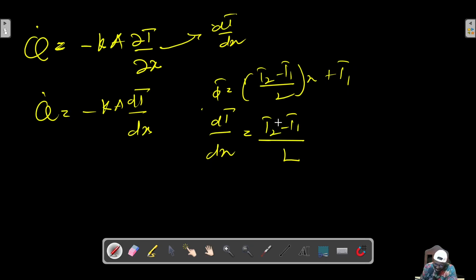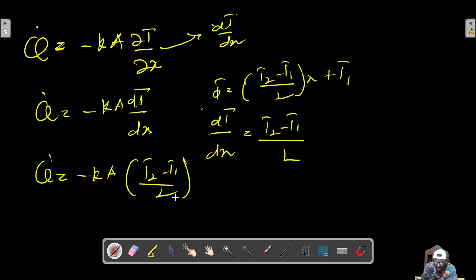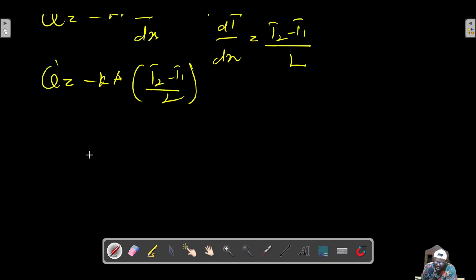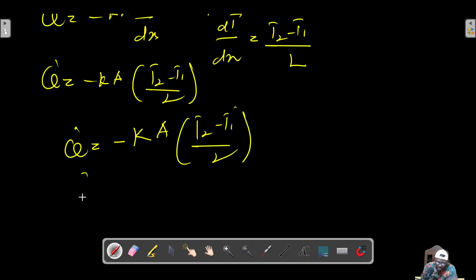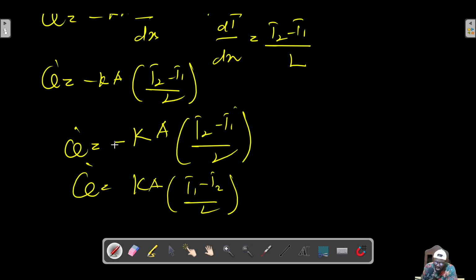So dT dx is the same as that expression, so I can substitute: negative KA times T2 minus T1 all on L. I end up with Q dot is equal to negative KA T2 minus T1 on L. Then I can say my KA multiplying T1 minus T2 on L. Yes, because if the negative 1 multiplies this, we end up with this expression.